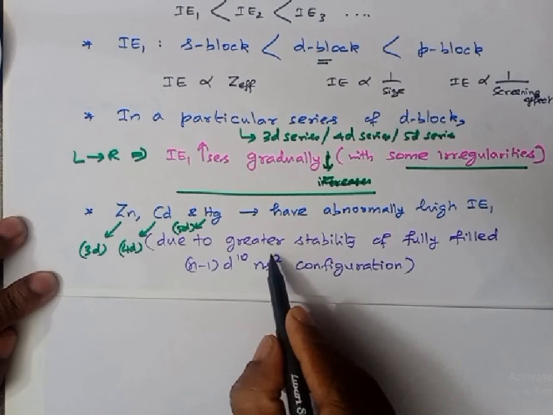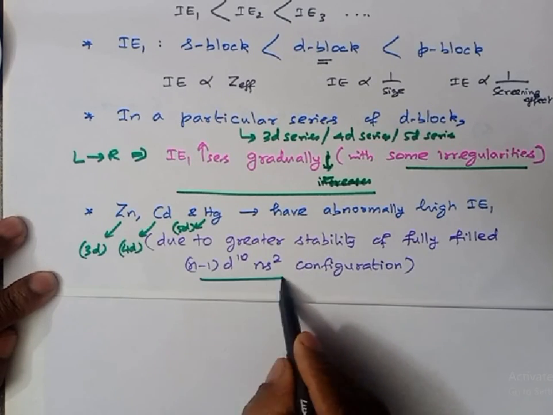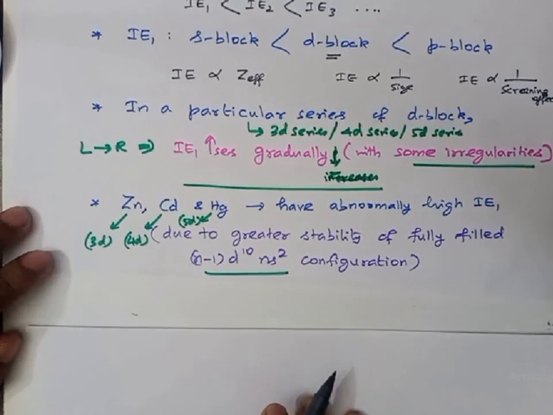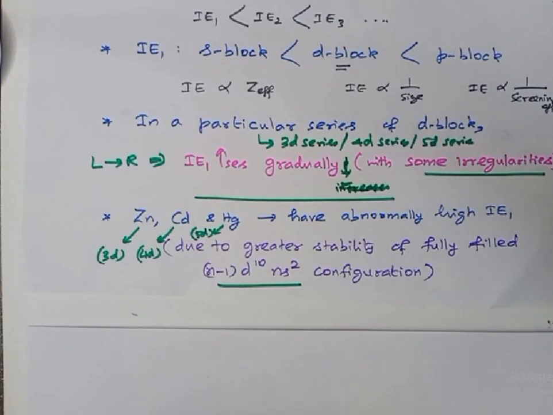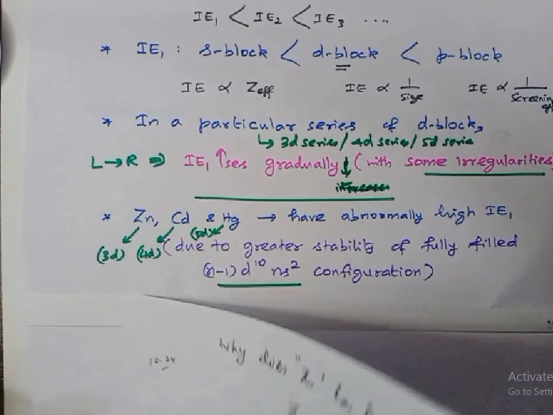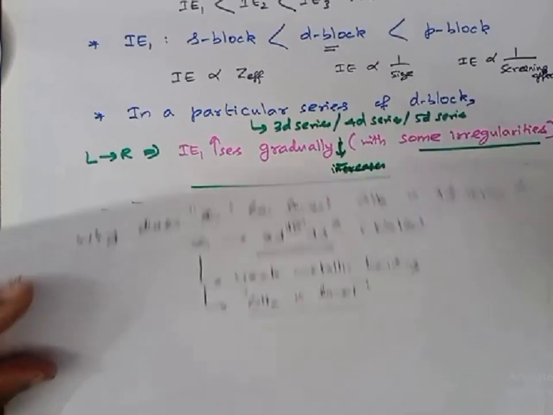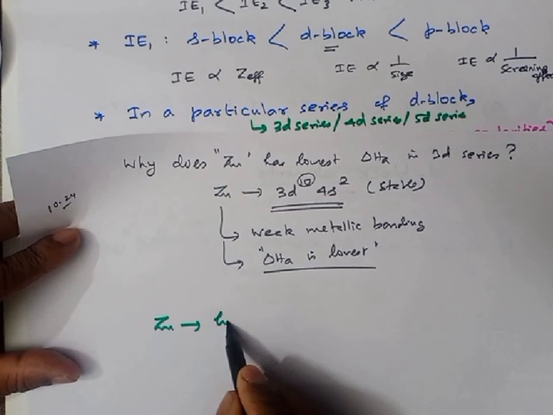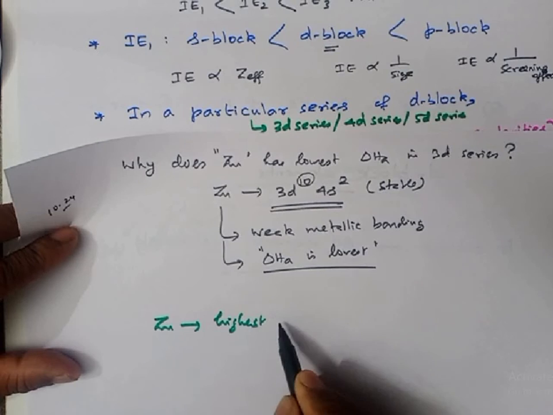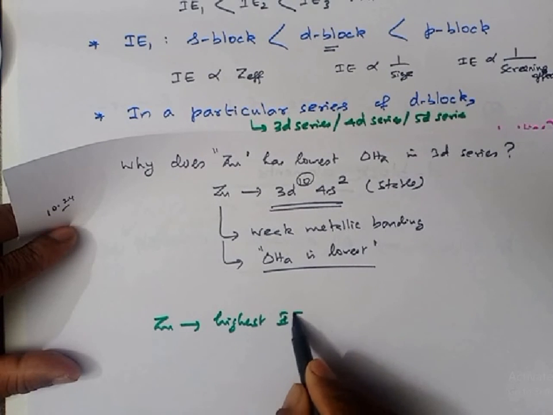Due to greater stability of the fully filled configuration. Say for example, if you take zinc, let me write here. Why in 3D series does zinc have the highest first ionization energy?